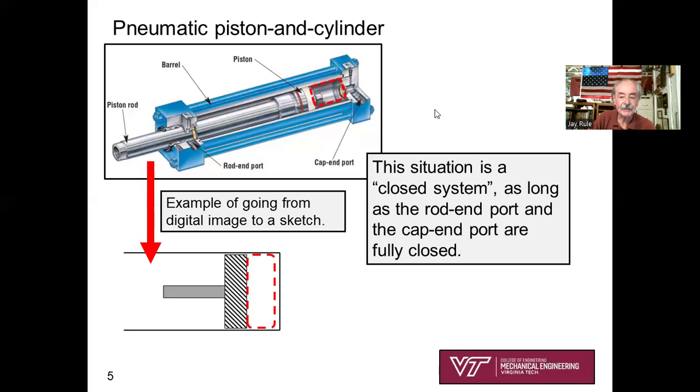And so I guess you see the next part. If we were to somehow open one of those ports and jam more air in, then it would be an open system. But for right now, as shown with the ports closed, we've got a closed system, piston and cylinder, and you're going to be working on hundreds of problems that would look a lot like this.